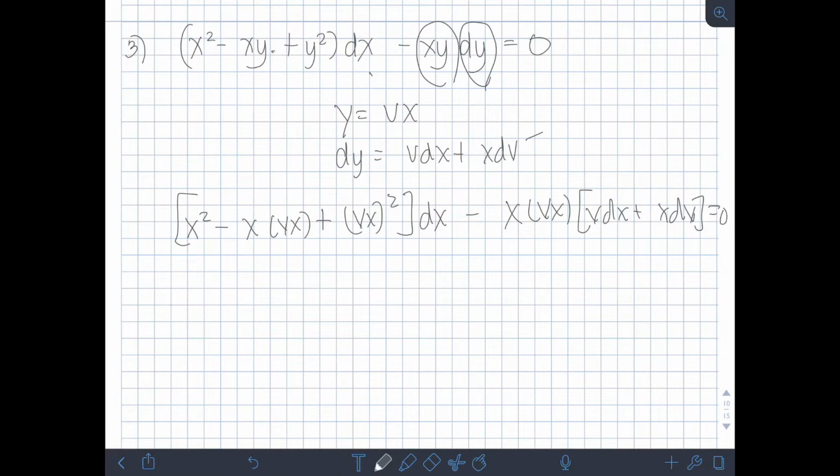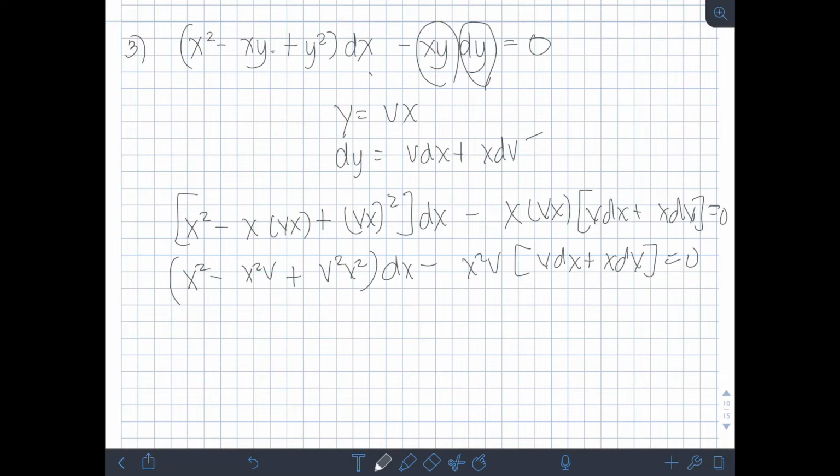Okay? So, simplify natin. x squared minus x times vx is x squared v plus vx quantity squared is v squared x squared times dx minus x times vx is x squared v multiplied by v dx plus x dv equals 0.